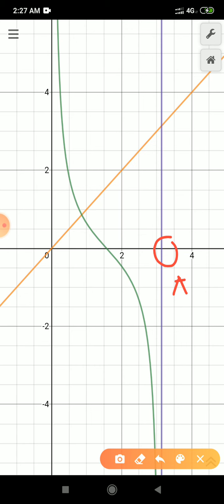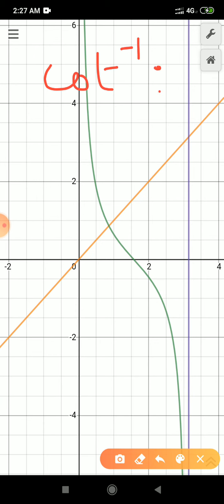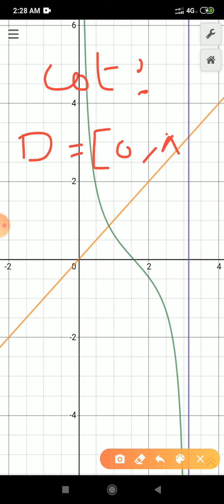So we can say for cot, the domain is only 0 to pi. Also see, the graph is not touching the vertical lines, so these brackets will be open.